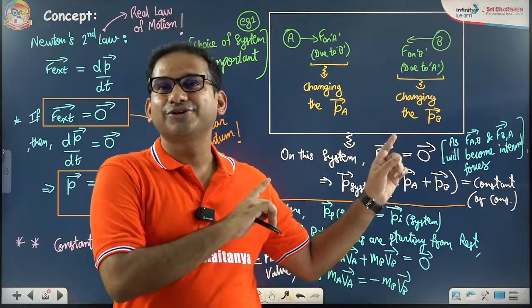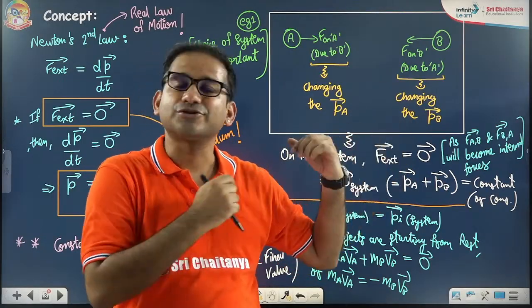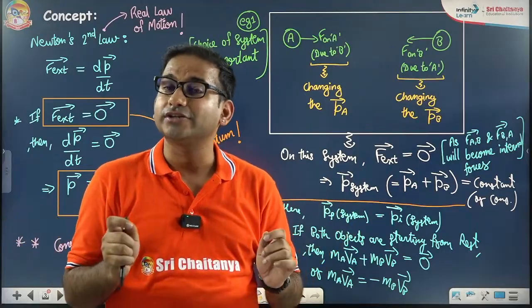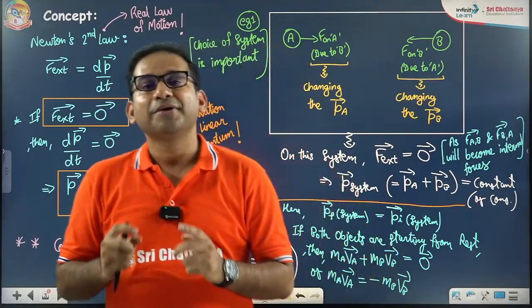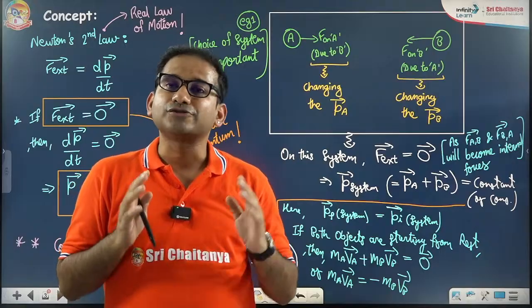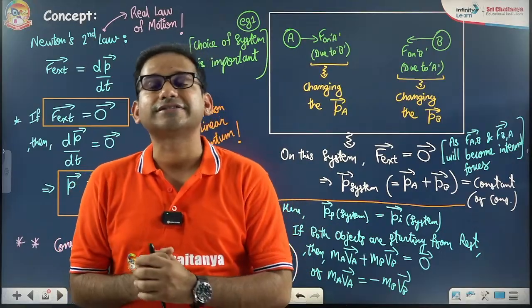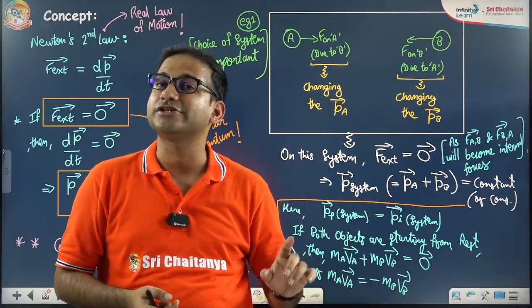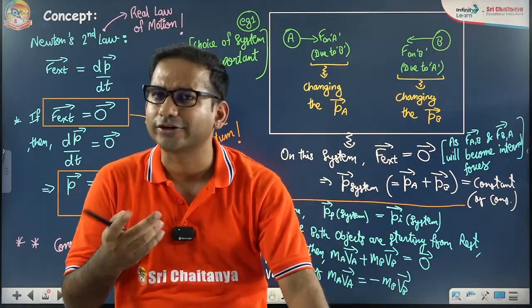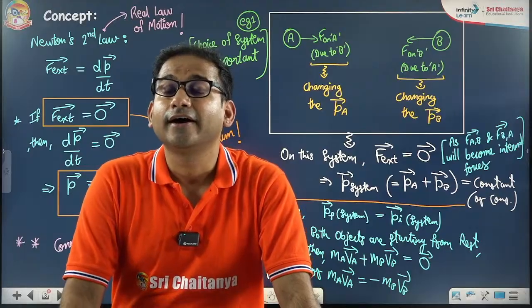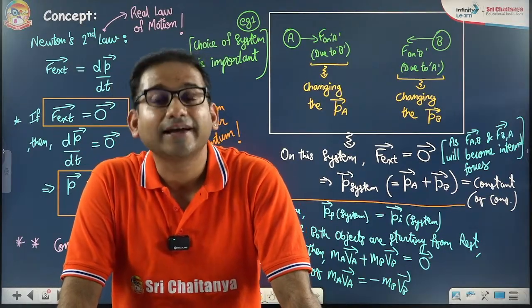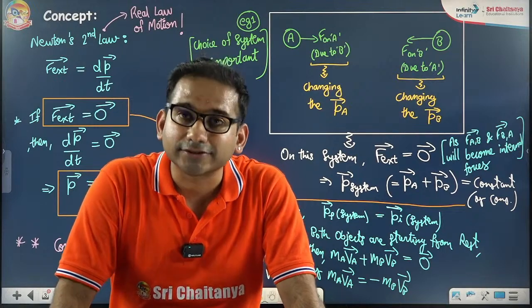But kinetic energy of the system has been gained, which means internal forces are not capable of changing the momentum of the system, but they are capable of changing the kinetic energy of the system. Okay, internal forces can only change the kinetic energy or potential energy, but can't change the momentum. Momentum can be changed only by the application of unbalanced external forces.